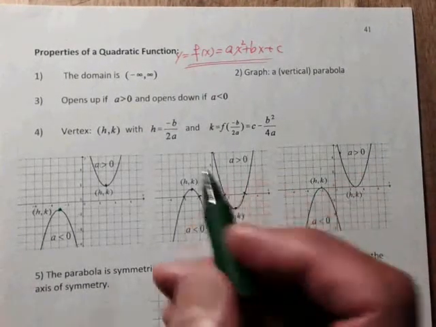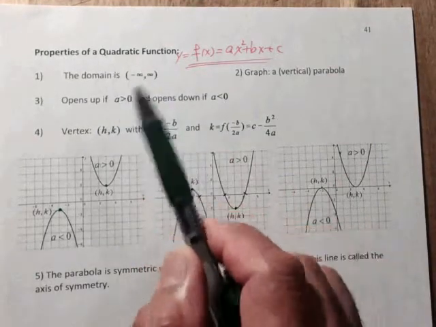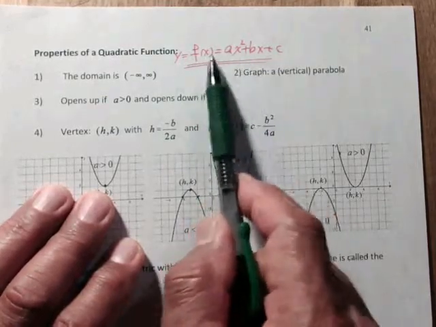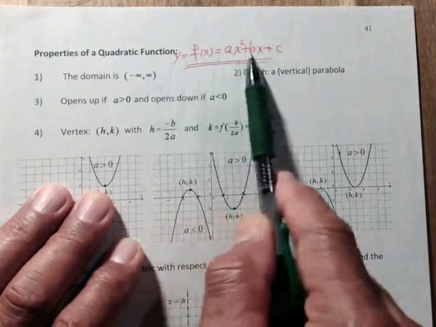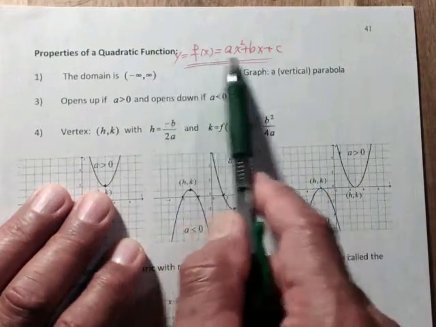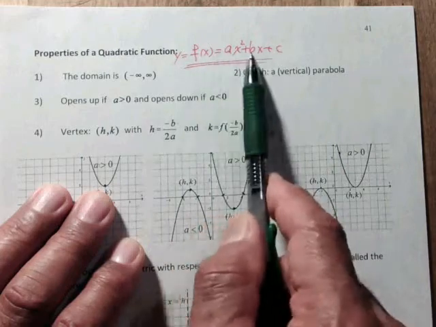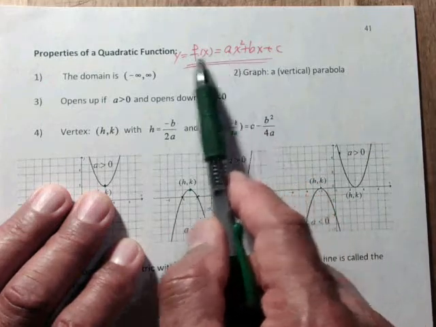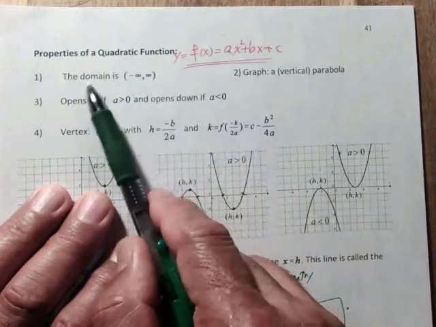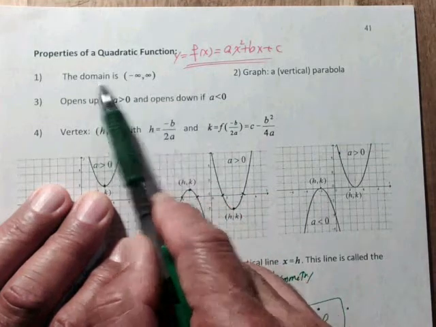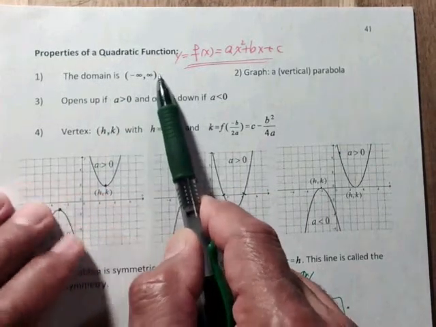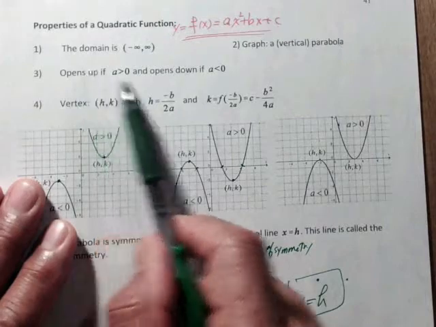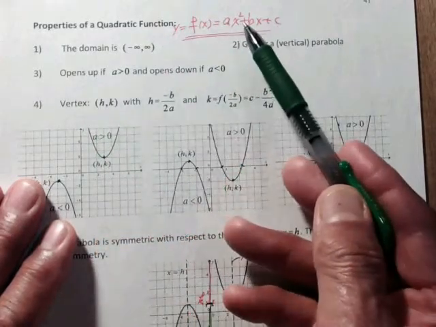Okay. Now we're going to look at the properties of quadratic functions. So I'm going to write it right here so I can see it. First of all, the domain of a quadratic function, the set of all legitimate x values, is the set of all real numbers. In other words, any x value can be used for the domain. Okay, so the domain is from minus infinity to infinity. Then, as we discussed, the graph is a parabola.